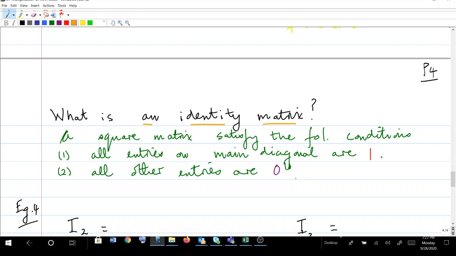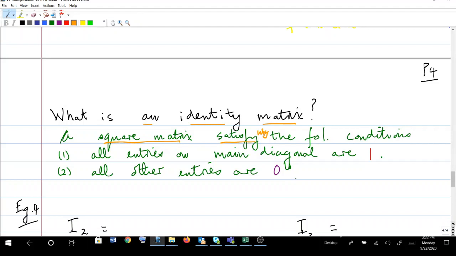Right, this is a square matrix satisfying the following conditions. 1, all entries on the main diagonal are 1 and all other entries are 0.